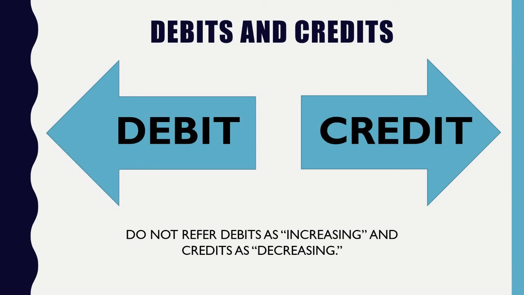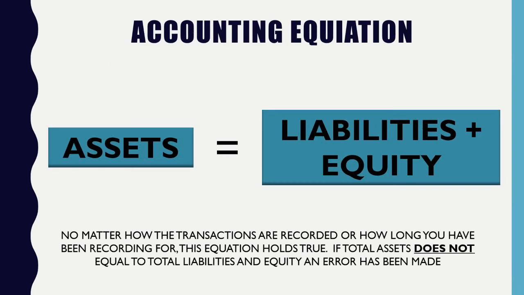And when we get to the normal balances, we'll go further into what it means to have an increase and decrease. But always refer to debit and credit as left and right, okay? It's because of the way that we look at our journal: you have a column on the left for debits and a column on the right for credits. Simple as that. But just understand in accounting, we refer to it as debit and credit, left and right.